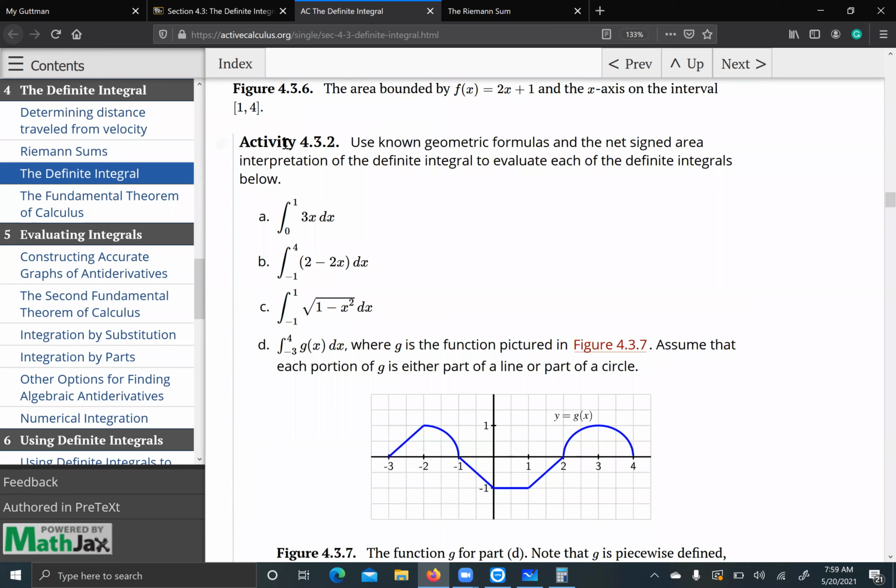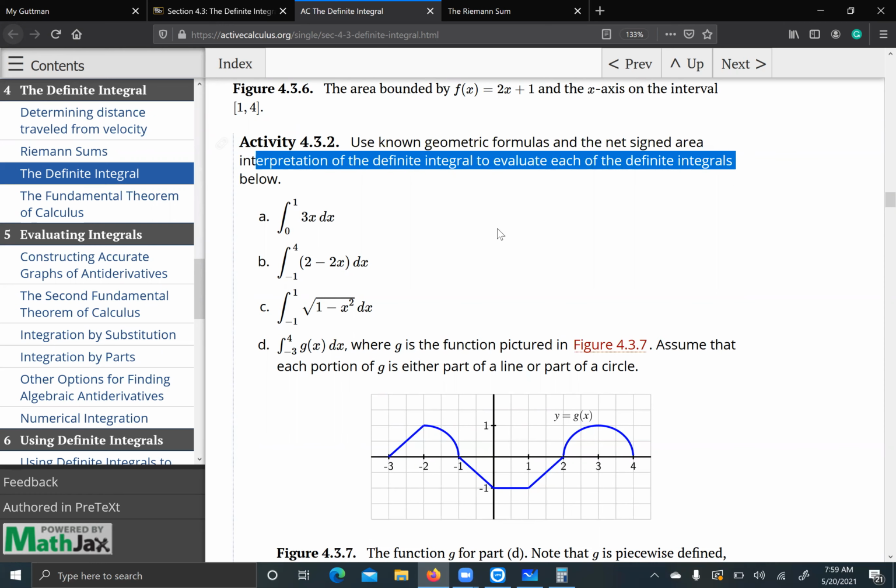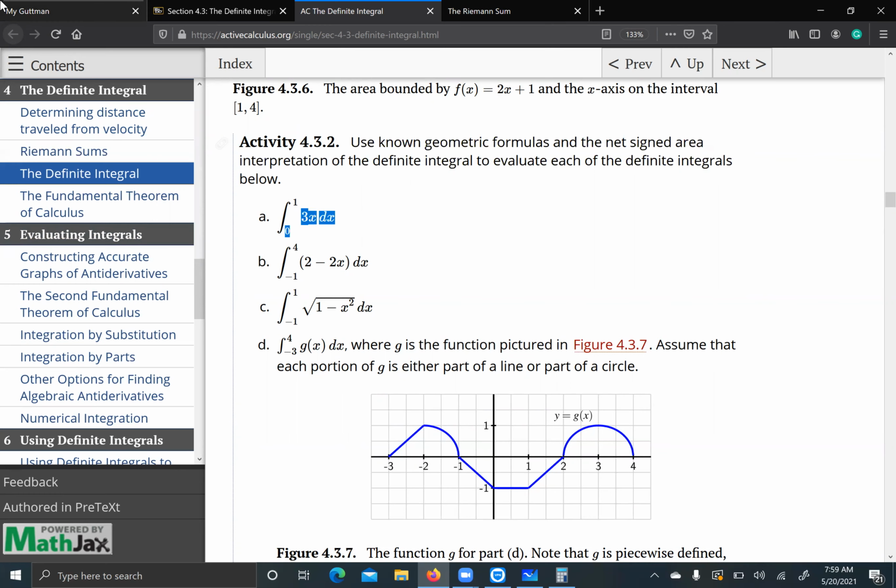For example, in this activity, it says use known geometric formulas and the net signed area interpretation of the definite integral to evaluate each definite integral. So I'm going to show you one of them, and then you can do the rest. For example, 3x from 0 to 1. Okay, let's do this.